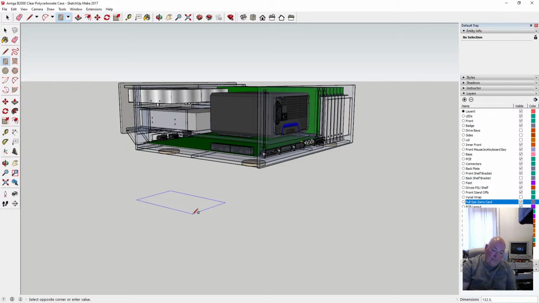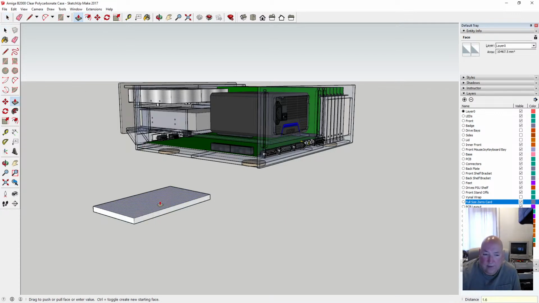Let's go that way. So 80. 79 high. 79 high. Right, that's that. And is it 1.6? Yeah, it's a 1.6 PCB.